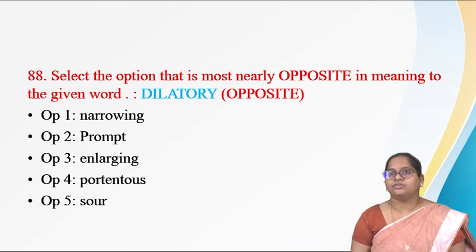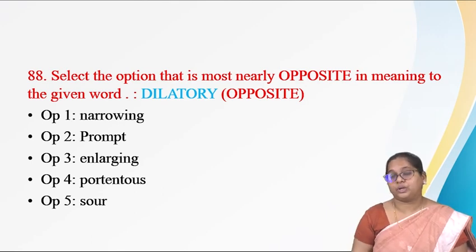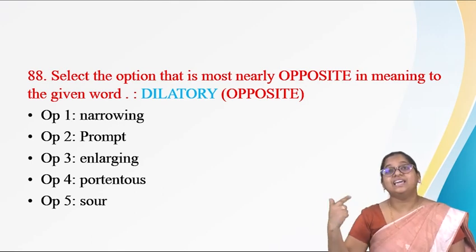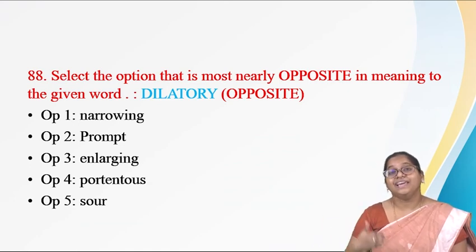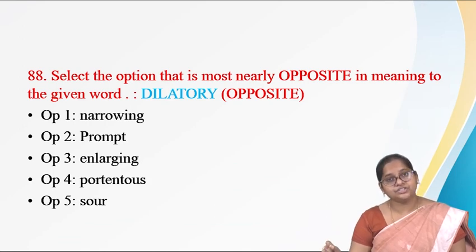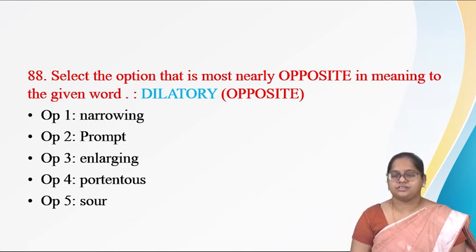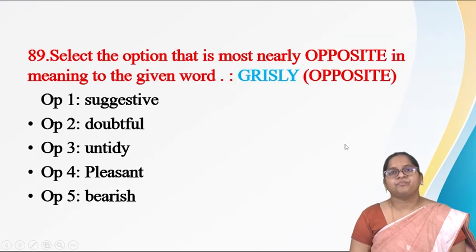So narrowing down is not the meaning, but prompt, quickly. Dilatory means delaying, procrastination. Intentionally delaying; not just delaying, but intentionally delaying something. That is the meaning of the word dilatory. Option 2 is the right answer.